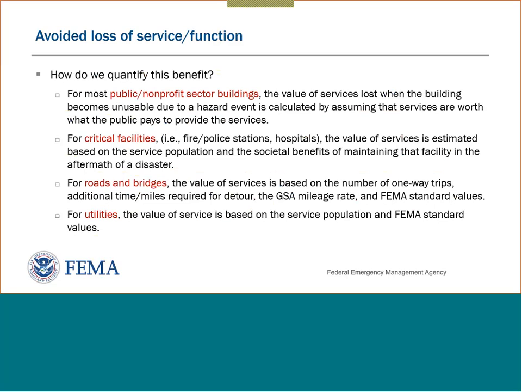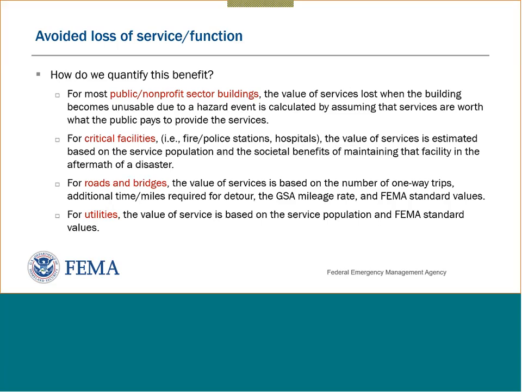So how do we quantify that? I'm going to start at the bottom and work up. The tool provides some guidance for the value of services for utilities. There's a FEMA standard value for potable water utility, wastewater utility, and for electric utilities, and it's based on per person, per day.